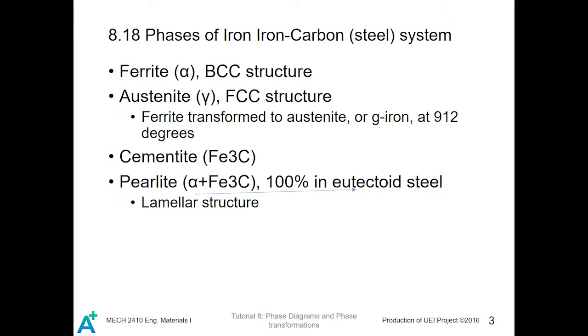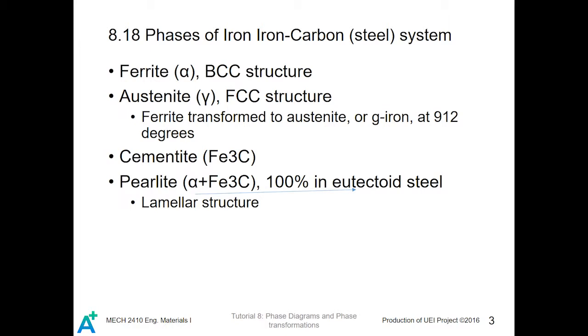It can only exist at a higher temperature. When ferrite transforms to austenite, or gamma iron, it transforms at 912 degrees Celsius. Cementite is at the rightmost vertical line, which is Fe3C.